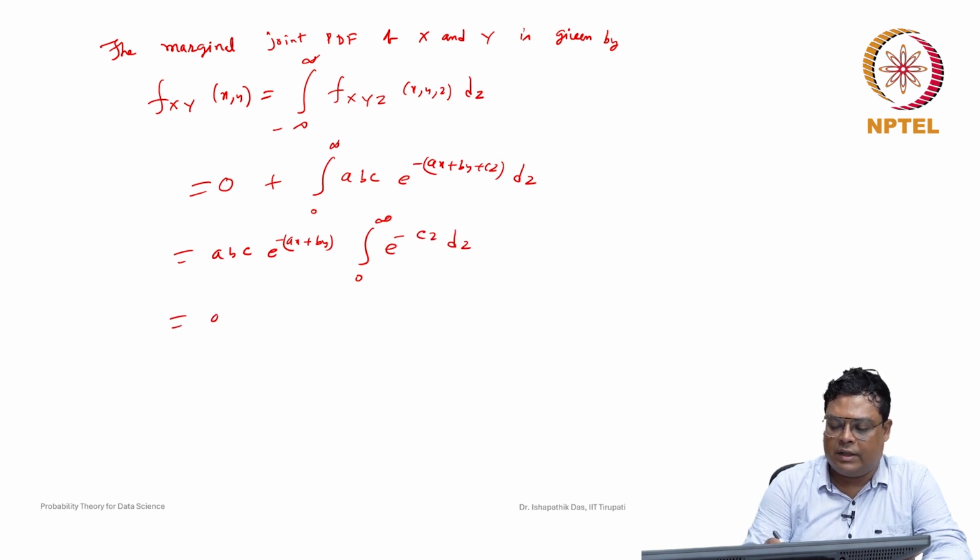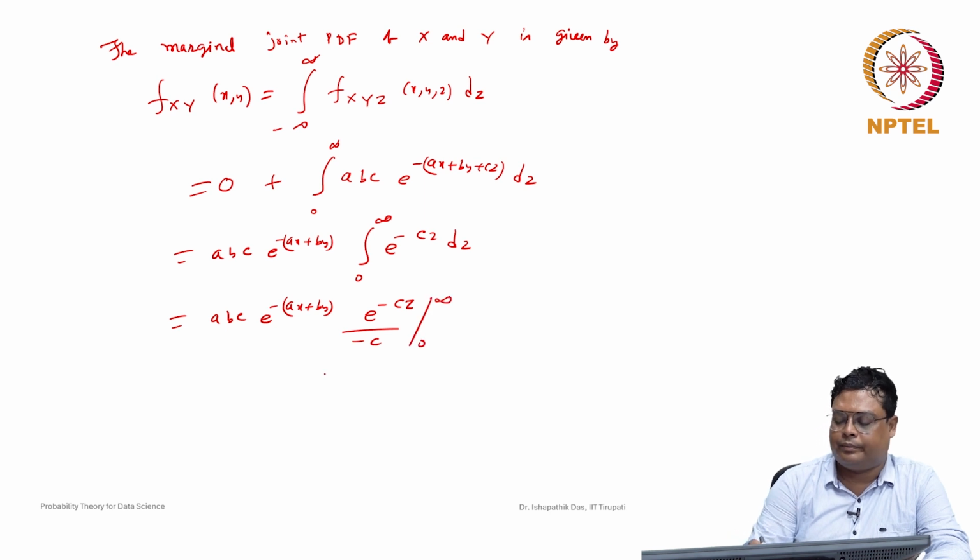Then if you do the integration, abc e to the power of minus (ax plus by) into e to the power of minus cz by minus c from 0 to infinity. As z goes to infinity this becomes 0, and as z goes to 0 this is 1 by c. So abc and c cancel, giving ab into e to the power of minus (ax plus by).